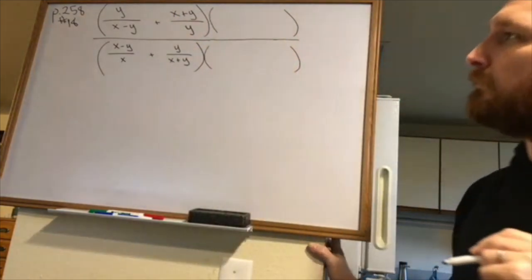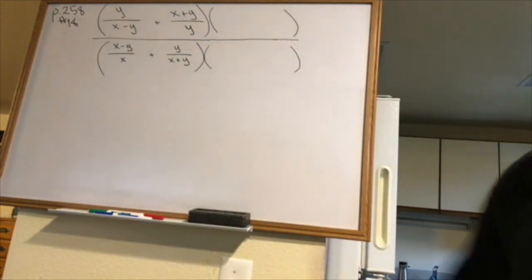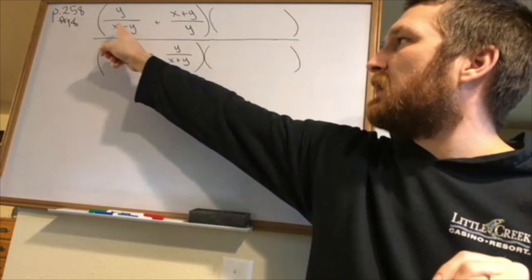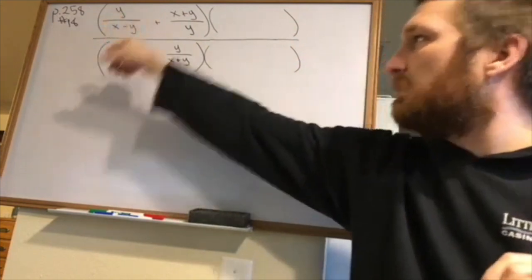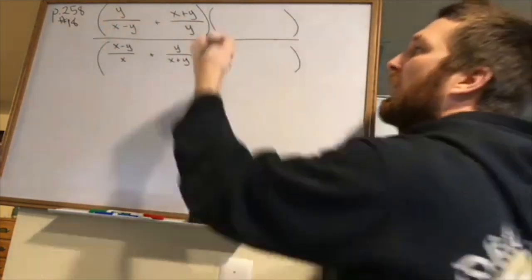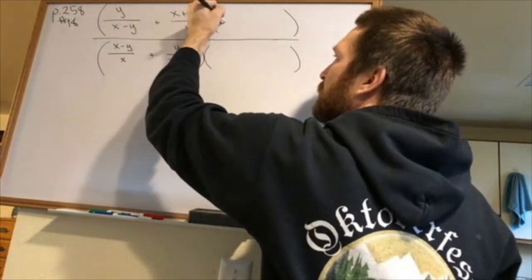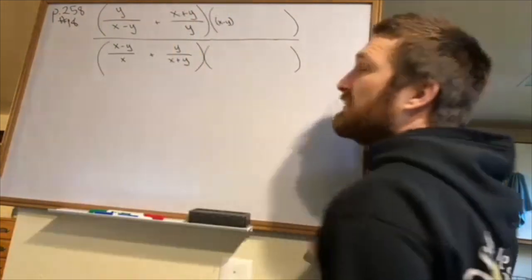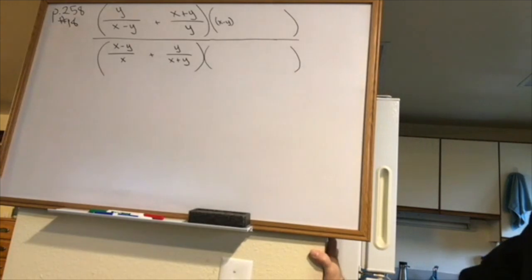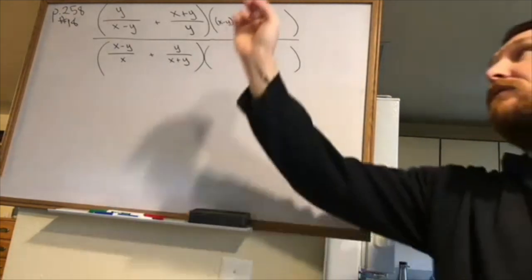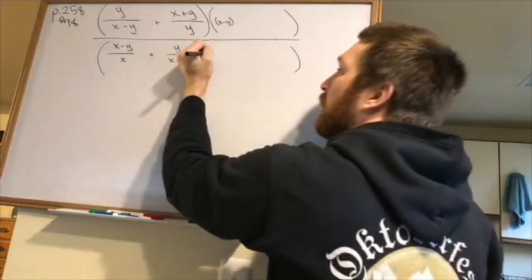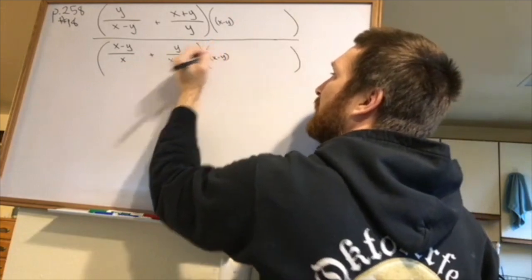Multiply it by x minus y. The only way to kill it is to multiply by it. And I'm going to write these with parentheses, it will be very helpful. Whatever I do to the top, I have to do to the bottom, so x minus y right here.